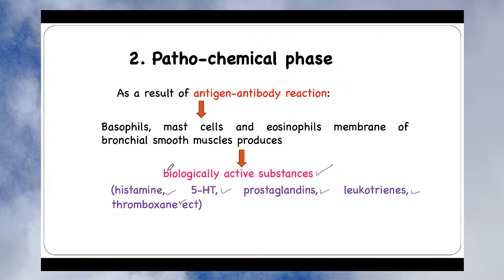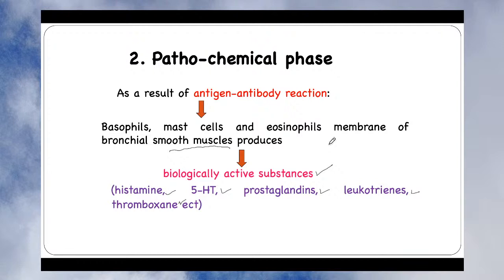And most of these autocoids, or biologically active substances, produce bronchial contraction, increase mucus secretion, and enhance edema formation as well as inflammation in the lungs, right? So why does it happen? Because these biologically active substances are released by smooth muscle of the bronchi in response to binding of antibody to the basophil, mast cells, and eosinophil membrane.